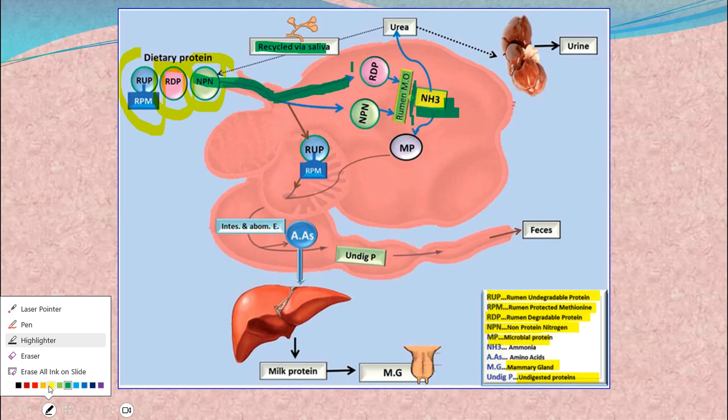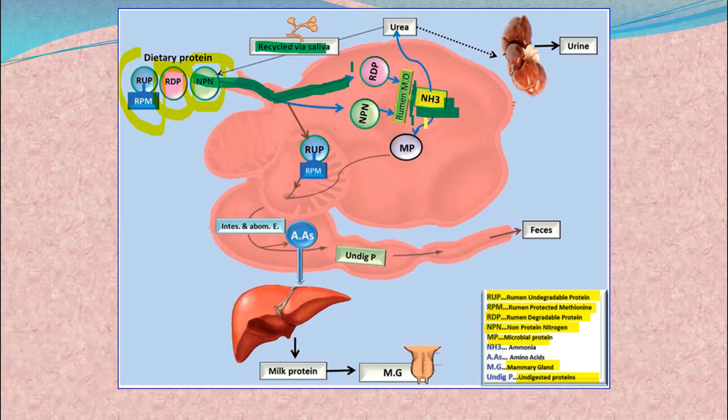The non-proteinous nitrogens also become the substrate of ruminal microflora, and they become the source of ammonia. Then the excess urea that is absorbed into the circulation is either secreted in the saliva or goes to the kidney and is excreted out of the body.